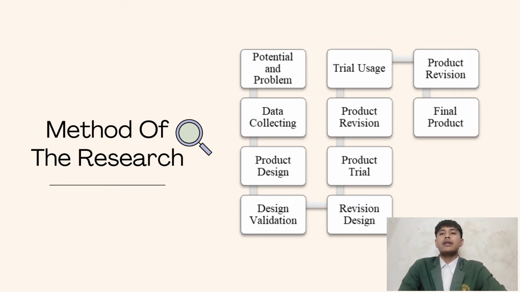Borg and Gall 1983 define R&D as a process to develop and validate educational products. The research steps and development of Borg and Gall include research and information collecting, planning, developing preliminary form of the product, preliminary field testing, revising main product, main field testing.